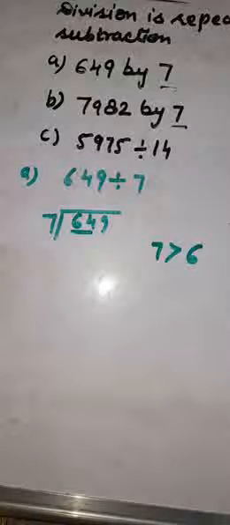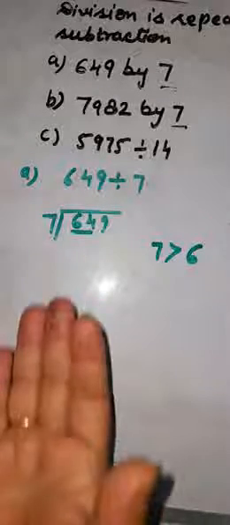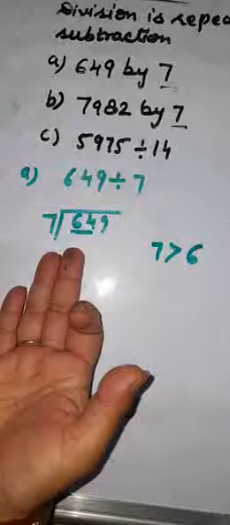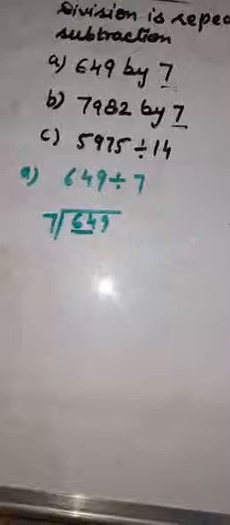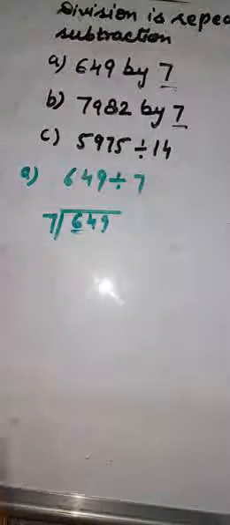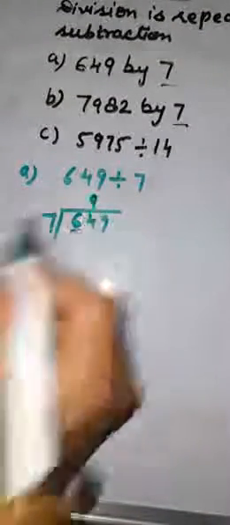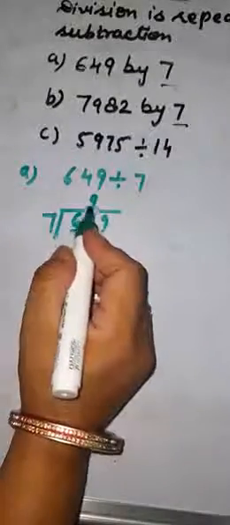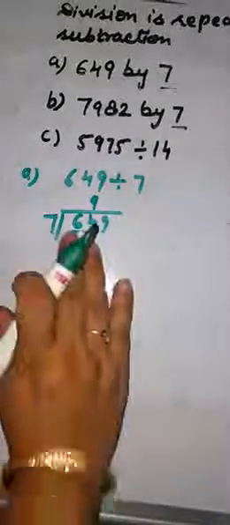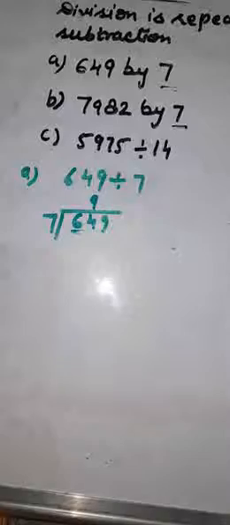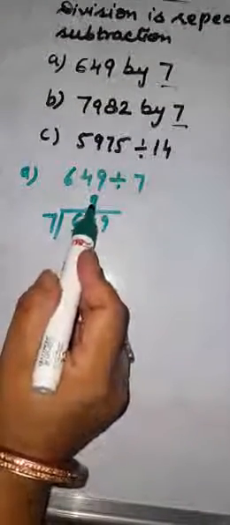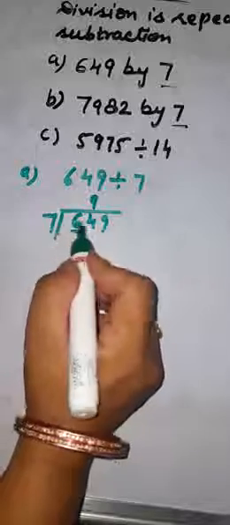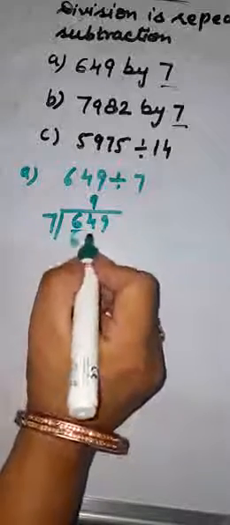And I know the table of 7, so the number near to 64 is 63, and it comes to the 9 times. 7 nines are 63. So I'll write 9 here. Why am I writing 9 here? Because I have taken 2 digits. So 7 nines are 63.